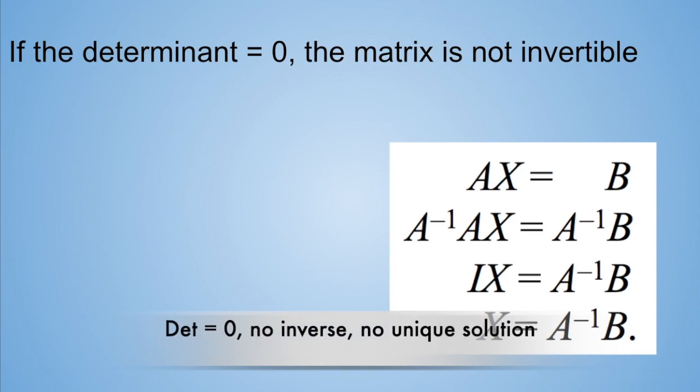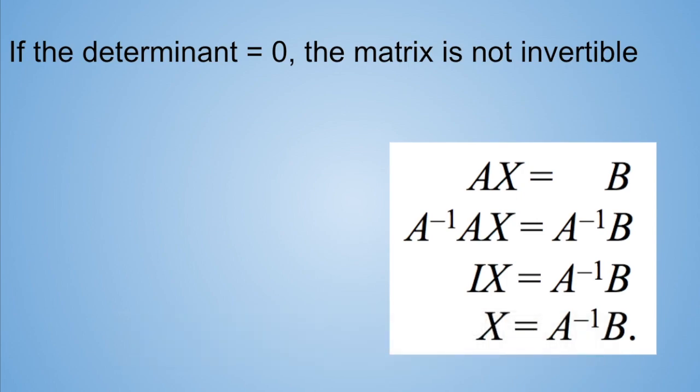If the determinant is 0, the matrix is not invertible. We remember that we can use the matrix inverse in order to solve linear systems, as seen in the example here. If we want to isolate x, we need to multiply both sides by the inverse. This only works if the inverse exists, and an excellent way to check if an inverse exists is to find the determinant.